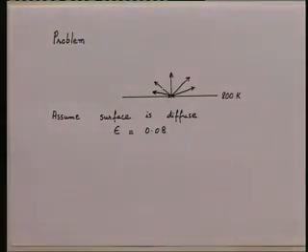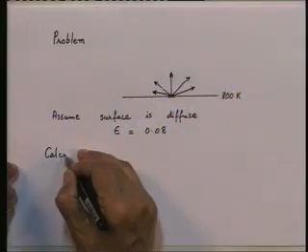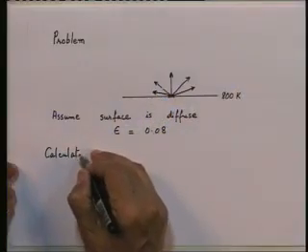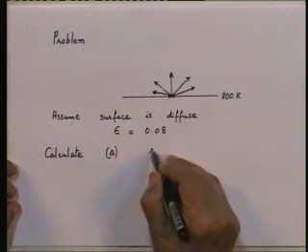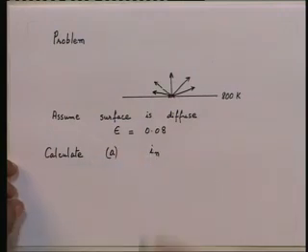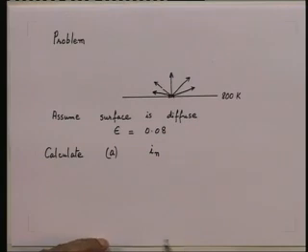So the surface is at 800 K with an emissivity of 0.08, and it emits in a diffuse manner. First of all, calculate the value of I n, the intensity in the normal direction.